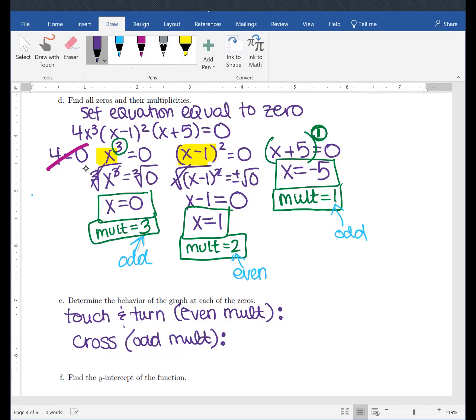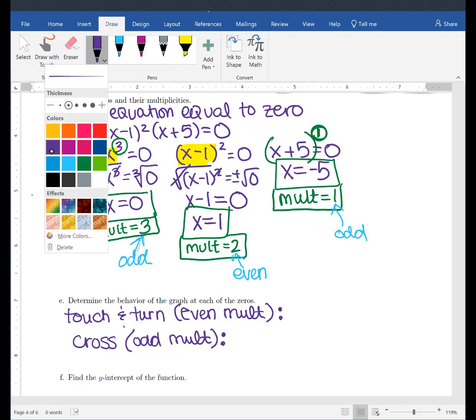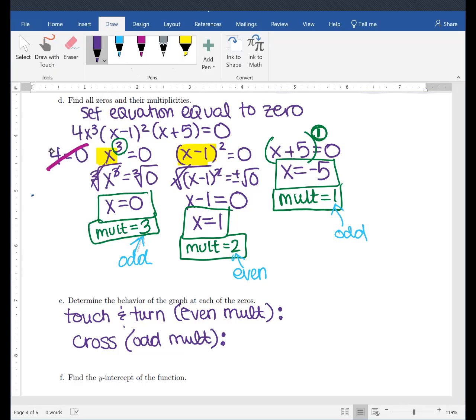But you're going to keep in mind that we are not going to write the multiplicities. We're going to write the zeros because it was the behavior at each of the zeros. Because x equal to 0 has an odd multiplicity, he is going to go with the cross. Odd multiplicity, we cross at x equal to 0.